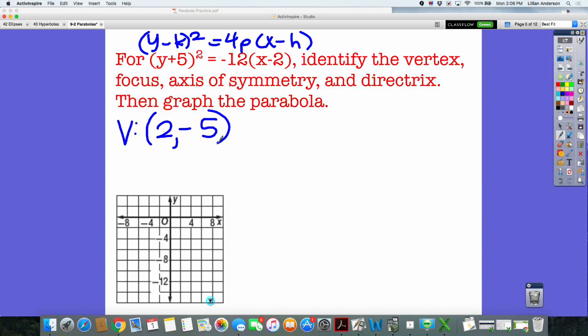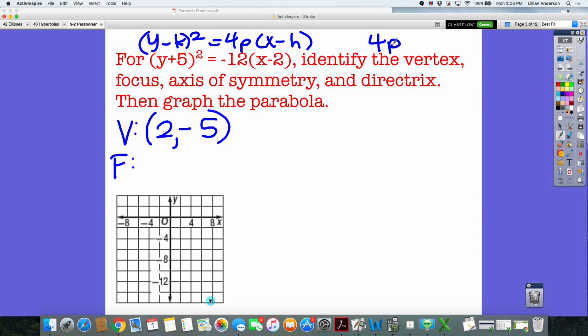Now our focus. Remember, it's that point that's located on the inside. If you need to look back at the sheet that has all your formulas on it, since this opens left or right, are we adding p to the x value of the vertex or to the y value? To the x value. But the question is, what is p? It's negative 3.